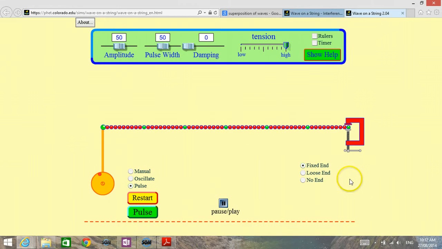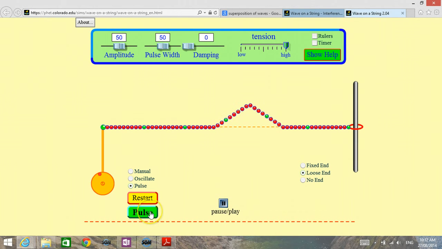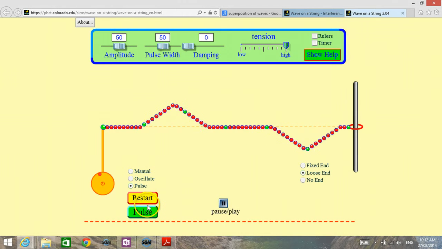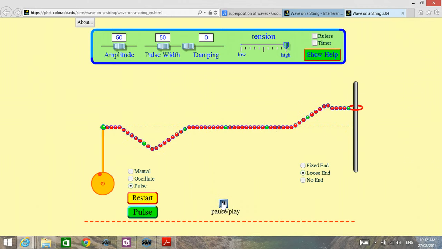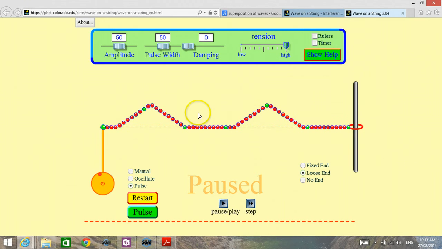Similarly, if I have something like that, I give a wave, the wave bounces back. If I give another wave, let's say this, we have two waves.